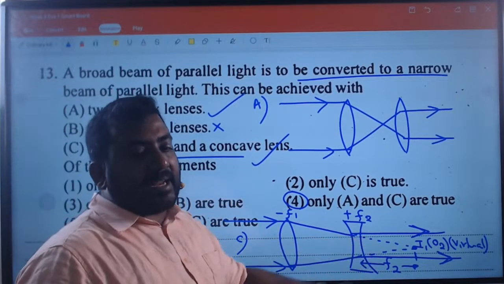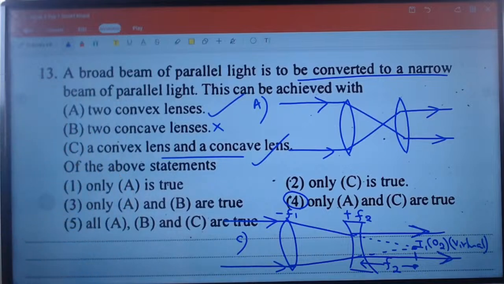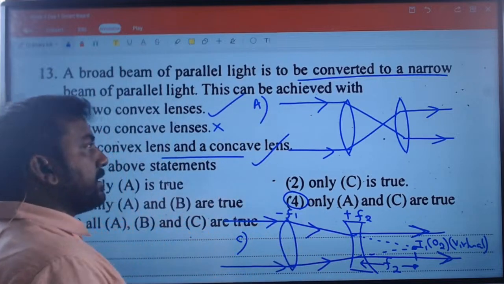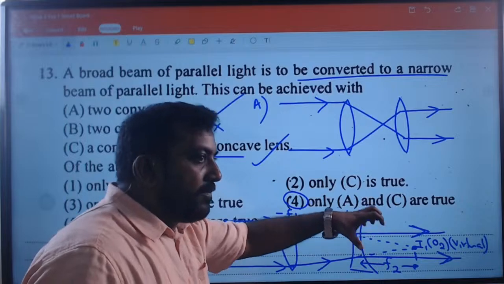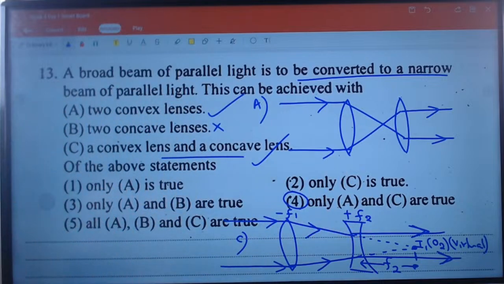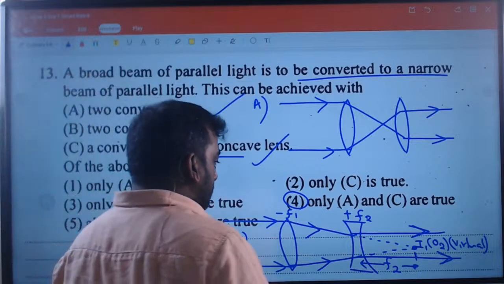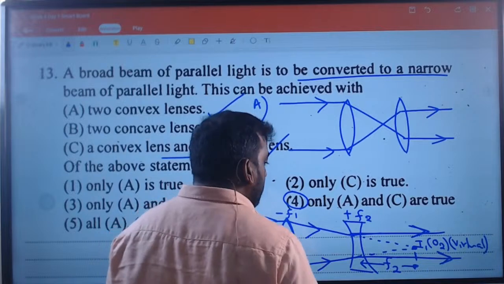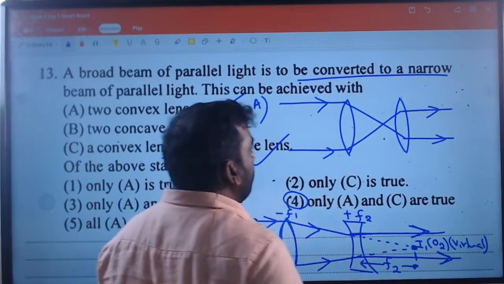When there is a concave lens, we make sure that the image from the first lens, the convex lens, is formed at the focal point of the concave lens.